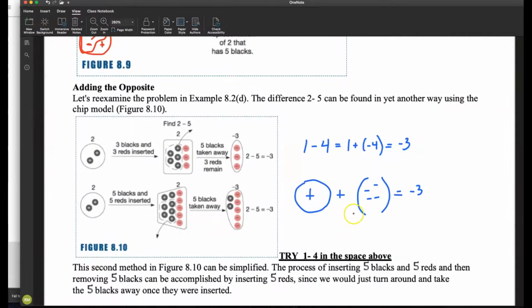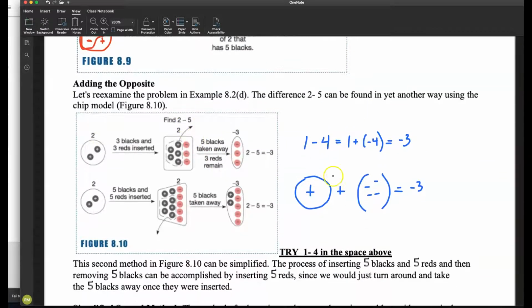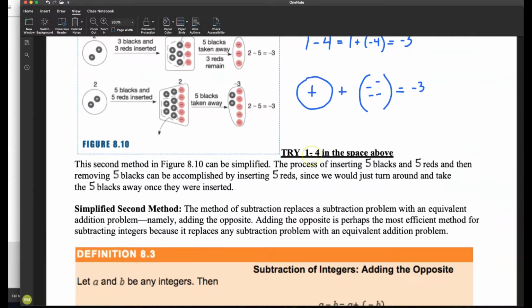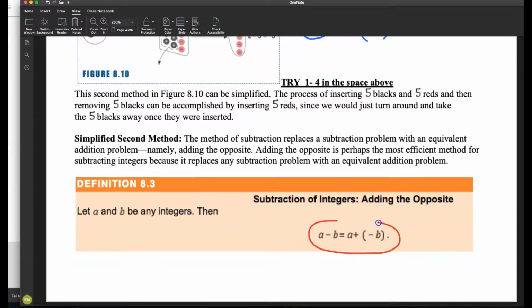Another way is a rule that says let's just add the opposite every time. Every subtraction problem becomes an addition problem using this rule: A minus B, by definition, is the same as A plus negative B. That's why if you did 2 minus 5, the rule is 2 plus negative 5.